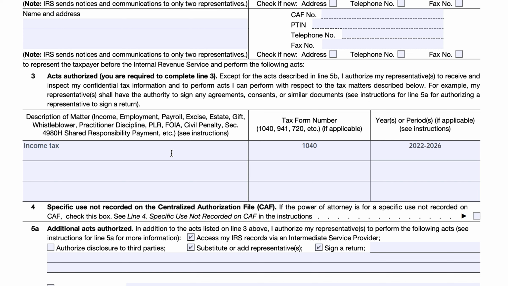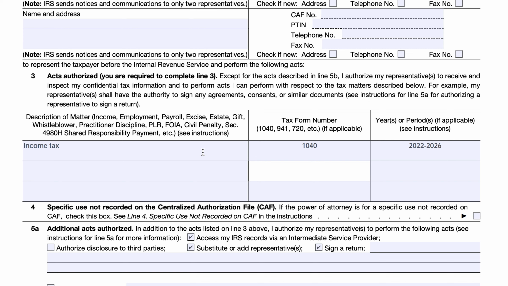You can't just write something like all tax matters, all tax forms, all years and periods. You can't do that because the IRS does understand the fact that sometimes authorizations should expire.